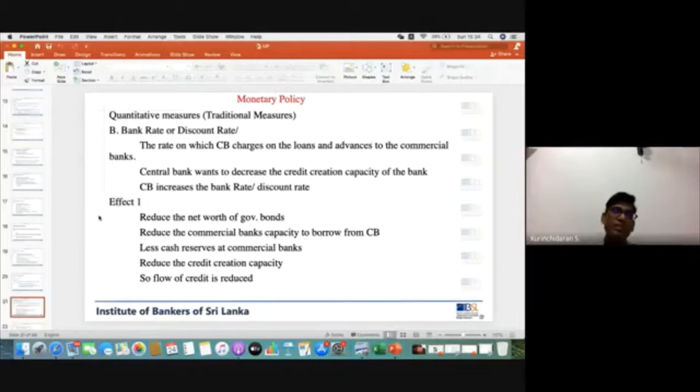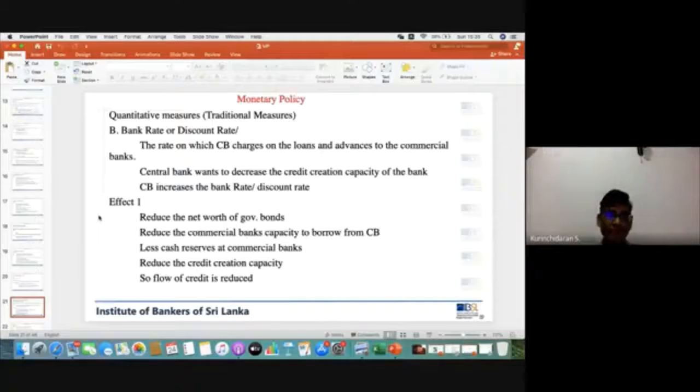Now, if the central bank wants to decrease the credit creation capacity of the banks, the central bank can increase the bank rate. If they want to increase the credit creation capacity, they can decrease the bank rate. Now let's assume the central bank wants credit creation capacity to be increased.